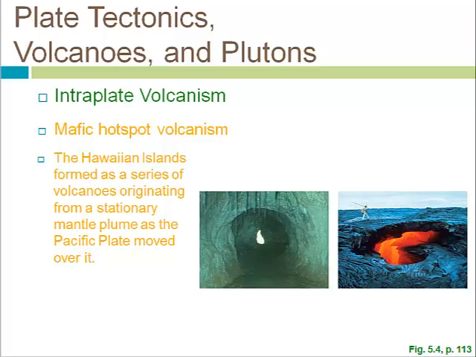Then we have this other 20%, which are mafic hotspot volcanism, and the Hawaiian Islands are one of those areas where the volcanoes originate at a stationary mantle plume that comes up through the mantle, through the crust, and doesn't move.